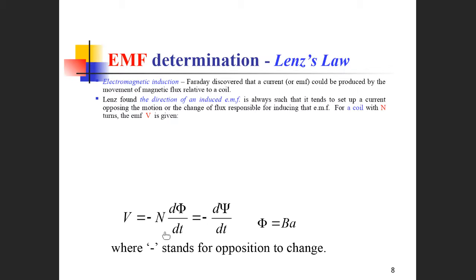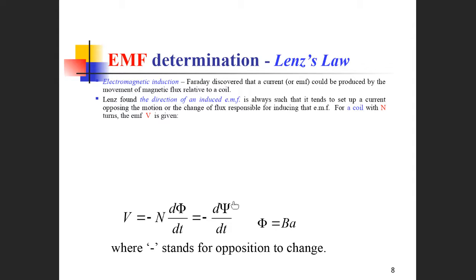Here, suppose we have a magnetic flux phi, and we have a coil that has N turns. We put this coil in this magnetic flux phi.